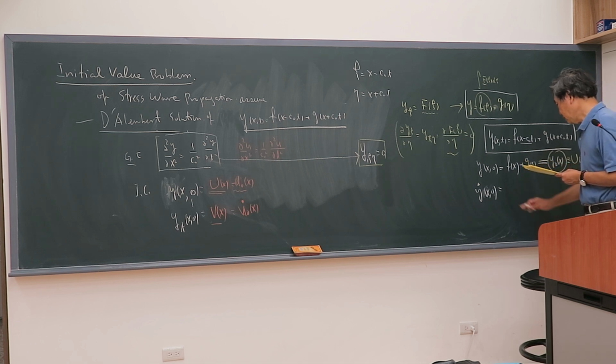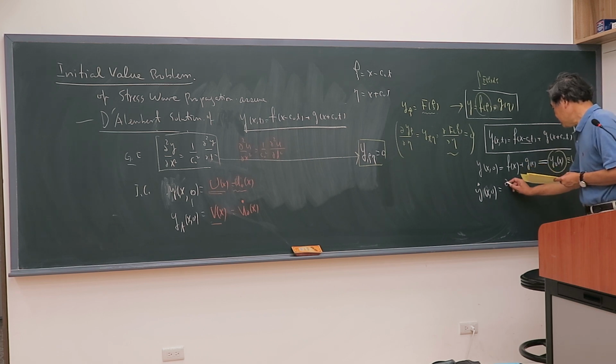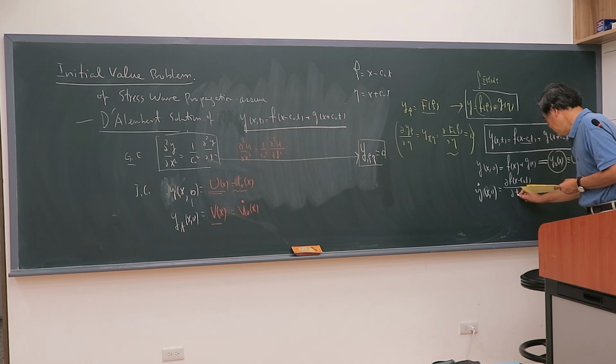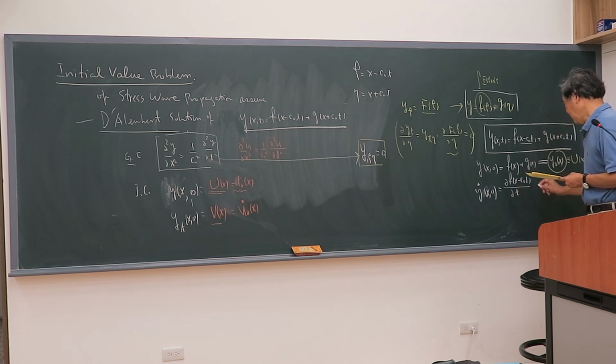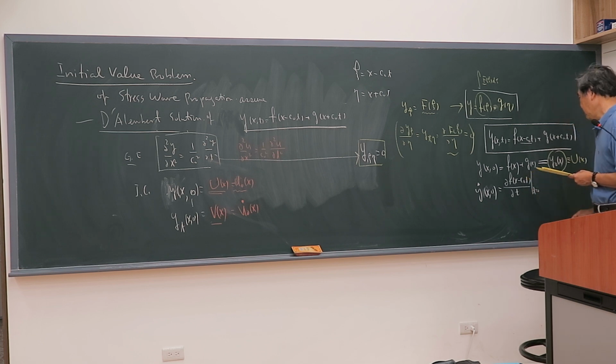Okay, so y dot x, 0 will be partial f of x minus c0 t, partial t, at t equal to 0, plus partial g of x plus c0 t, partial t, right, at t equal to 0.